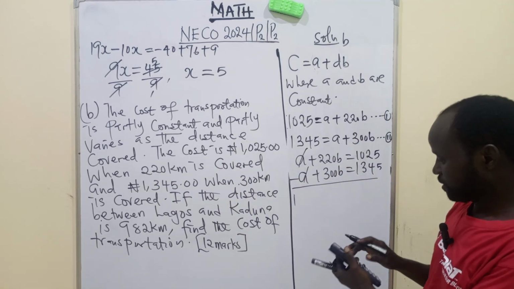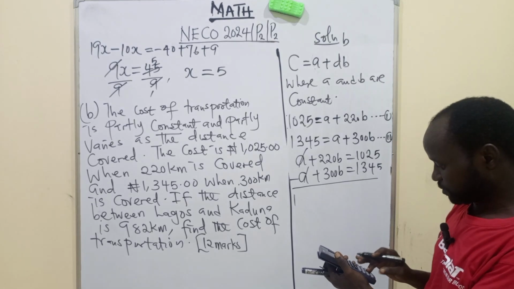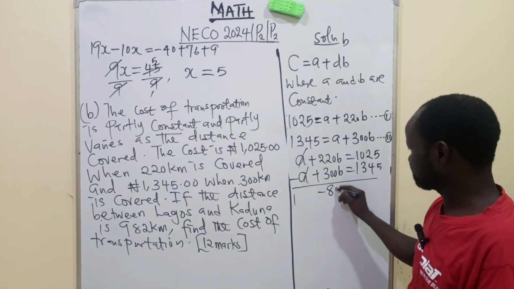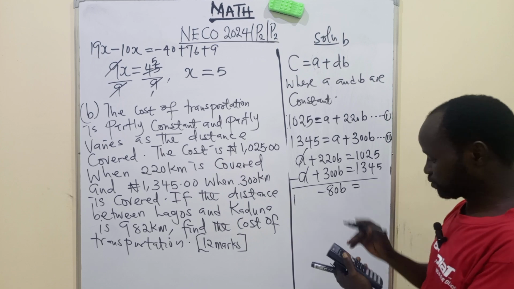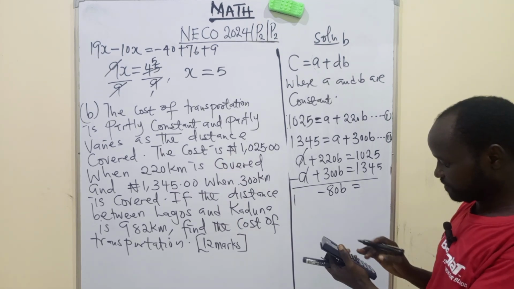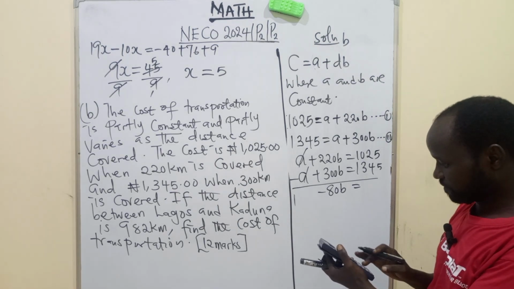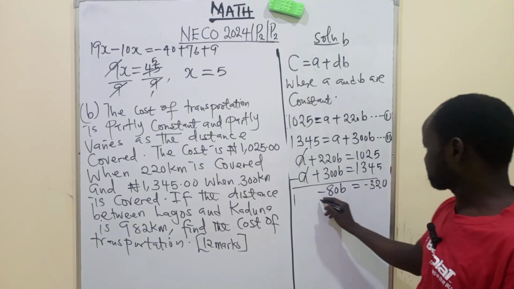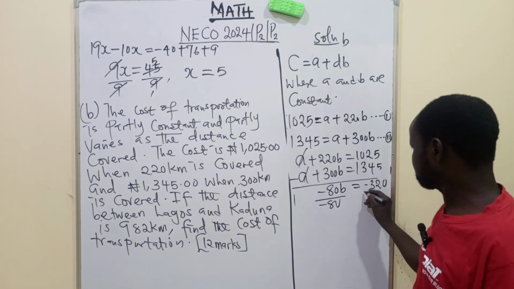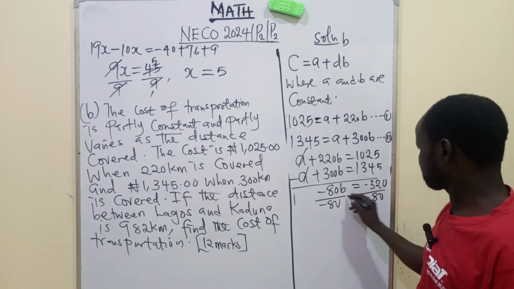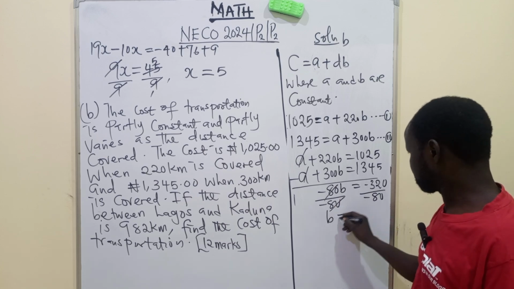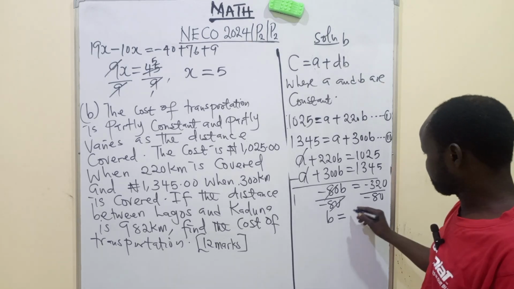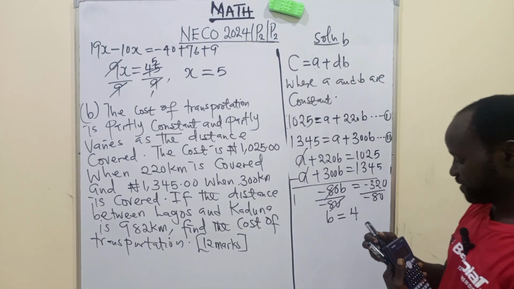Then 220 minus 300 we have minus 80b. This will be equals to 1025 minus 1345. That will be minus 320. Then let's divide both sides by minus 80 to find b. The constant b now divided by 80. That will be 4. The value of b is 4.